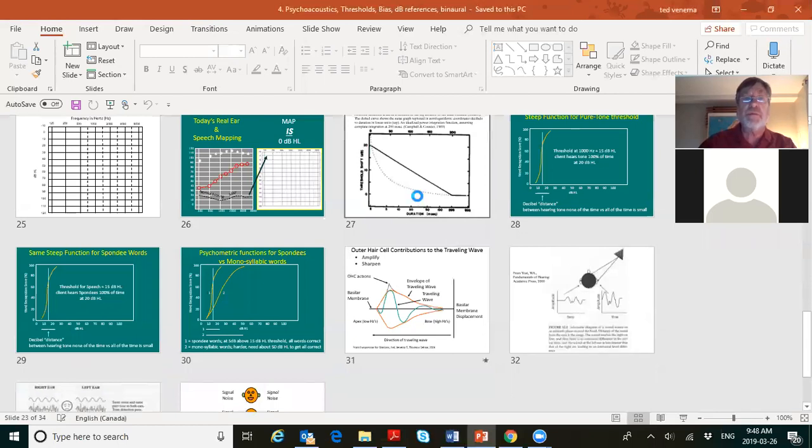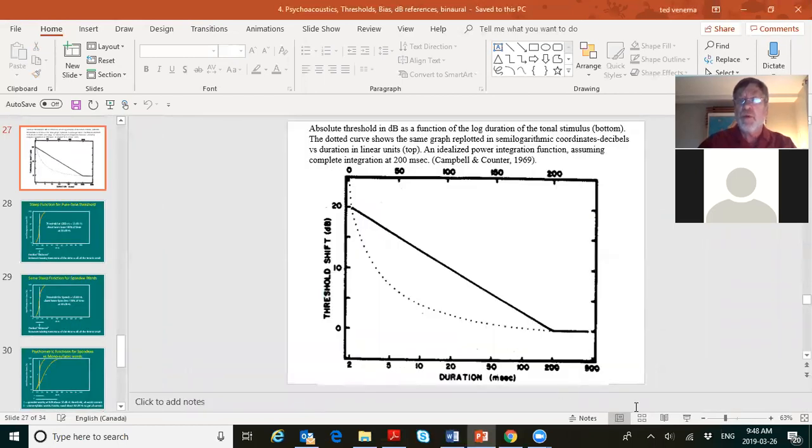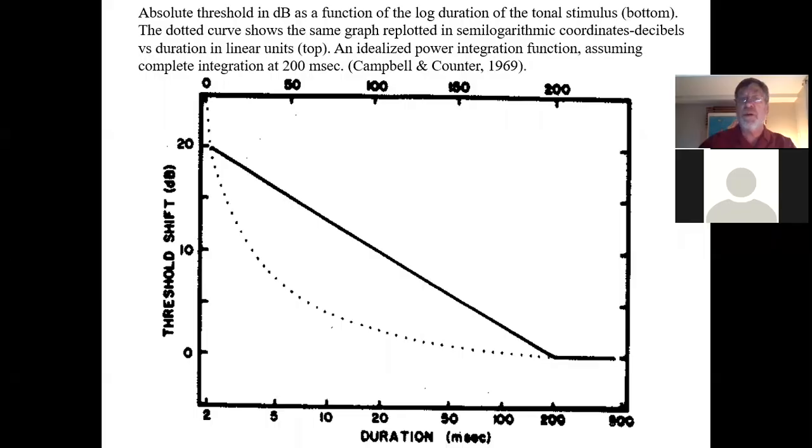Here you go. Okay, when you're looking at this picture, it talks about duration. Look at this, the horizontal axis is milliseconds. So if a sound is presented for 2 milliseconds, like 2/1000ths of a second, you're going to have a worse threshold. If the sound is presented for only a split second, your threshold is going to be 20.